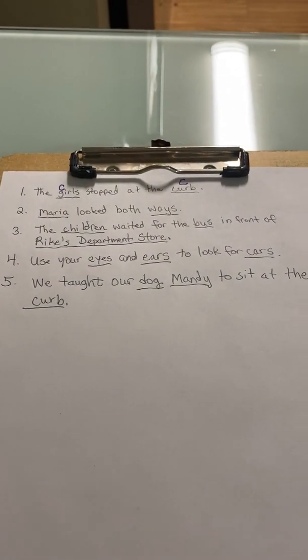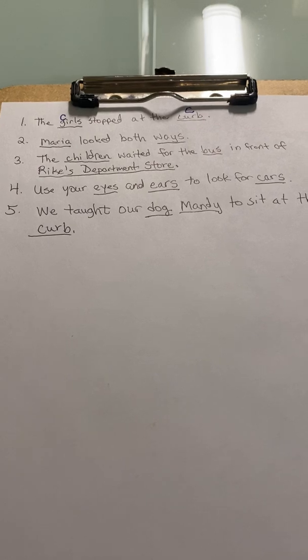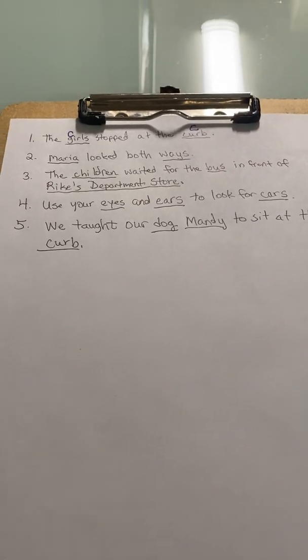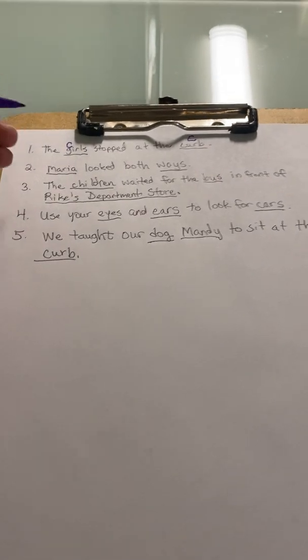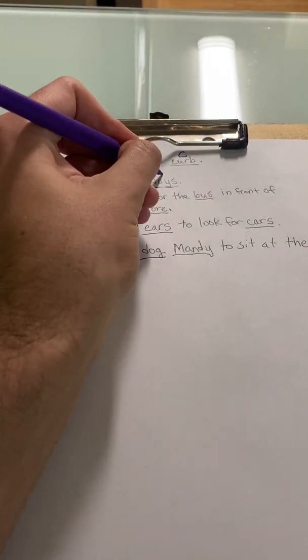Now, number 2. Maria looked both ways. Let's see here. Maria begins with a capital letter, so think about it. Is it common or is it proper? It is proper. Ways is lowercase, so it is common. Now for number 3.